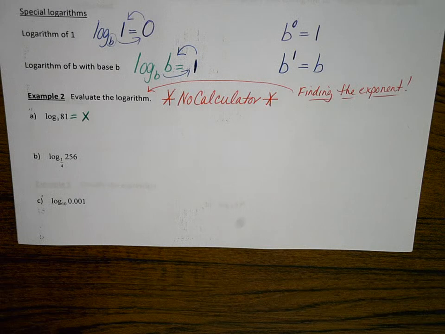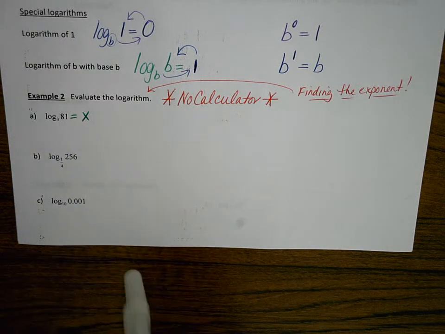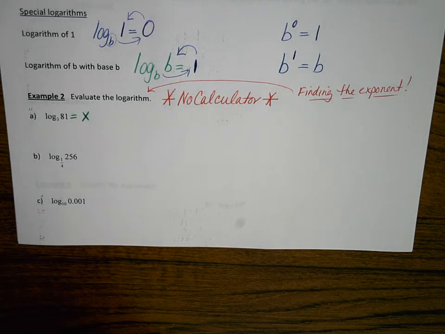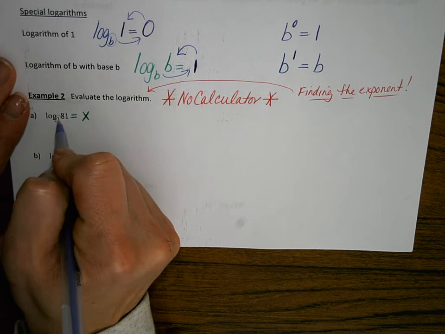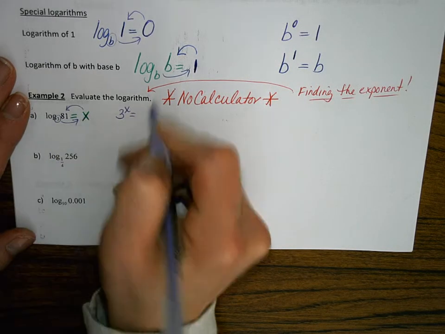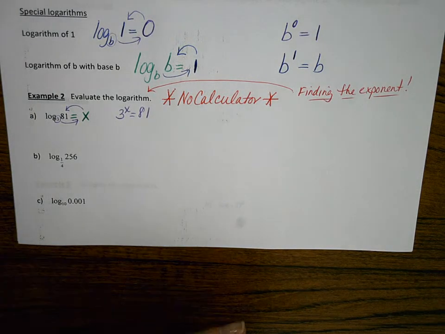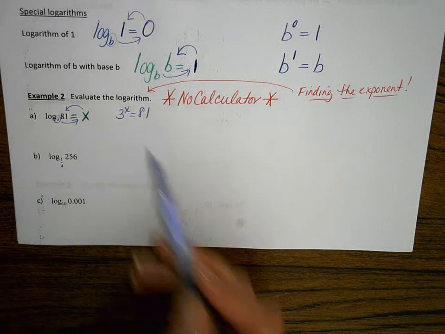All right? So, log base 3 of 81 is equal to x. X is the exponent. Now, what I want to do is write it using that exponent. So, if I were going to write it using the exponent, what would this be? 3 to the x is equal to what's inside, which is 81. Now, I look at the right-hand side, I have 81.